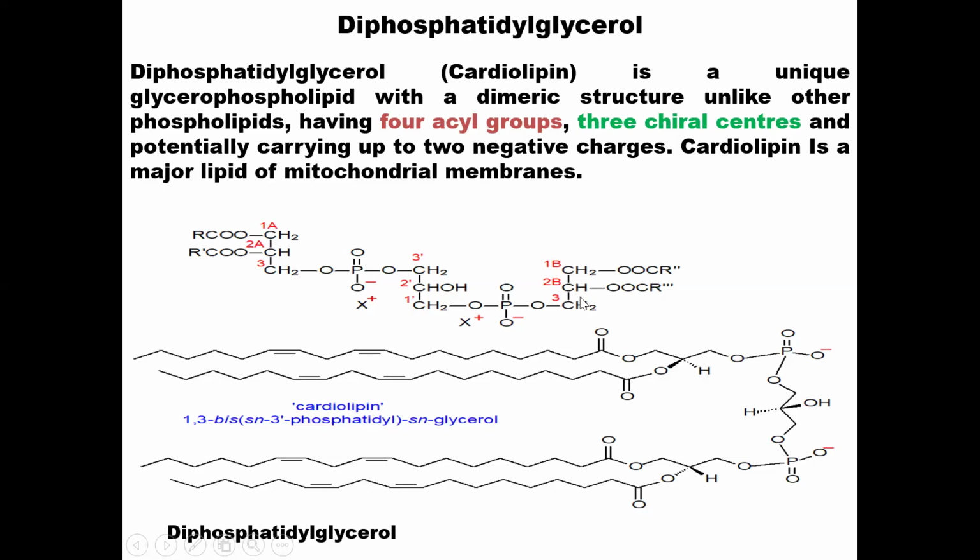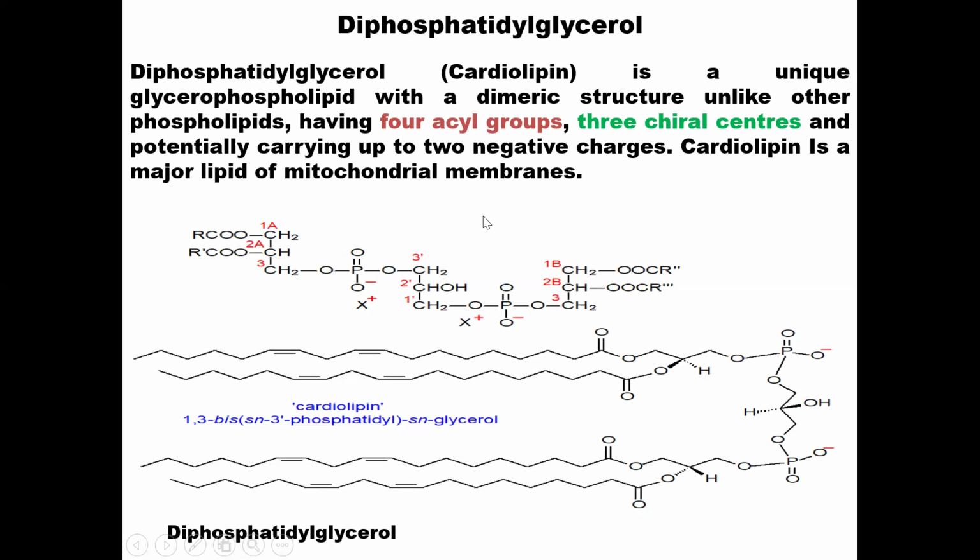Another chiral center is this carbon of the glycerol 2B that has CH2 and a fatty acid residue, hydrogen, another fatty acid residue, and another group here. So that is your 3 different chiral centers, and the negative charges here, -1 and -2. That is how you come about the 4 acyl groups and 3 chiral centers with the 2 negatively charged groups.